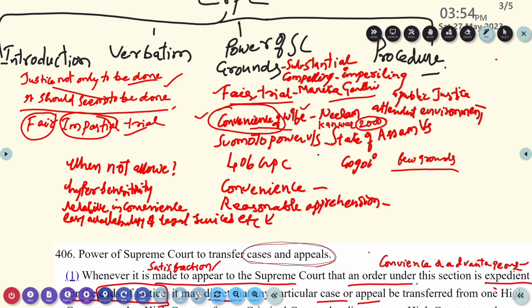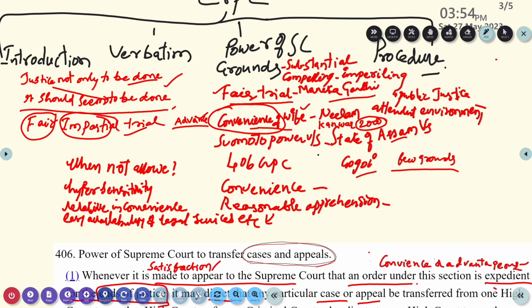We know that for every rule there are exceptions. When an advanced stage has been reached, when the trial is going to be concluded, in such a condition no transfer petitions will be allowed, even on an application made by the wife in some cases. But of course, orders vary from case to case. Next, the State of Assam versus Gogoi case.